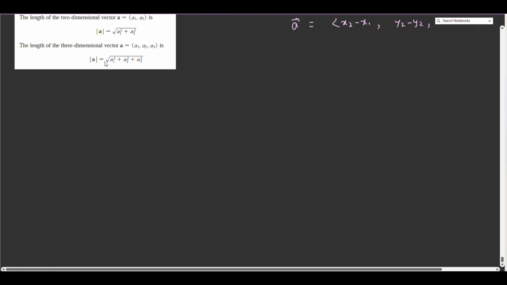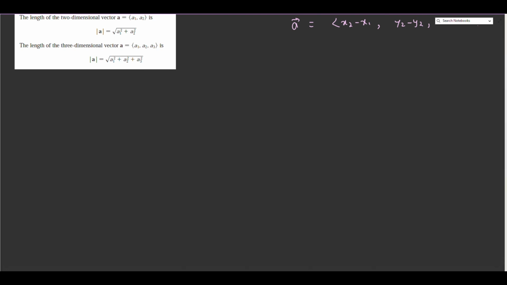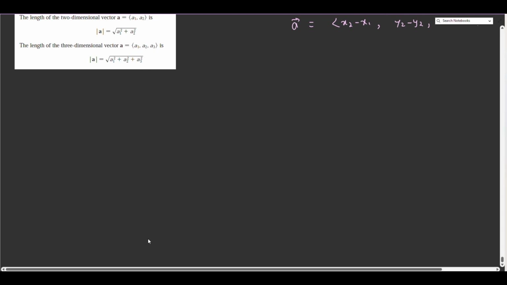In 3 dimensions, the absolute value of a, or the magnitude of a, is equal to the square root of a1 squared plus a2 squared plus a3 squared. By these formulas you can find the distance or the magnitude of a vector. Let's do an example.